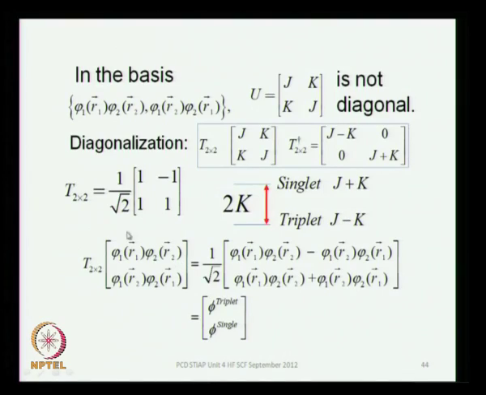You already have the answer, because when this matrix operates on the basis set, phi 1 r 1 phi 2 r 2 and phi 1 r 2 phi 2 r 1 is the basis set, and if you operate on this by this matrix T, which is the one which diagonalizes the Coulomb interaction, you get the singlet and the triplet states as you would expect, right. So, these are the Coulomb and the exchange integrals, and we will be using them very extensively in our discussion.